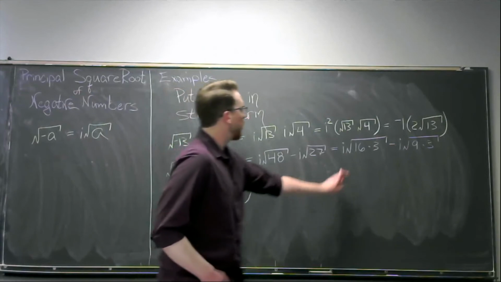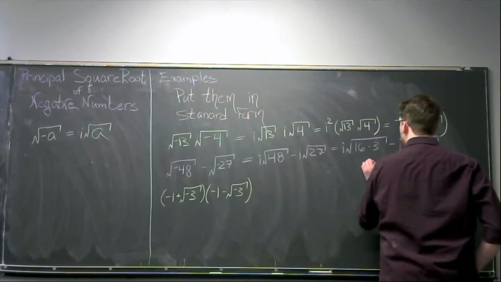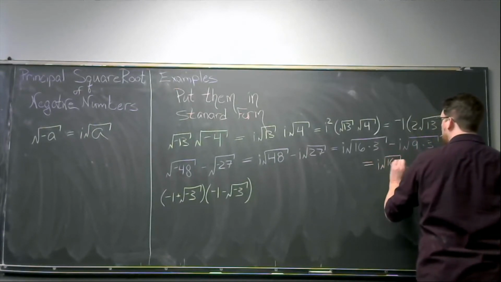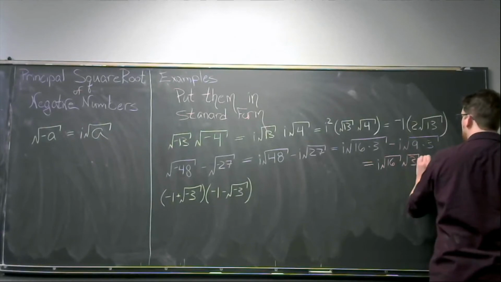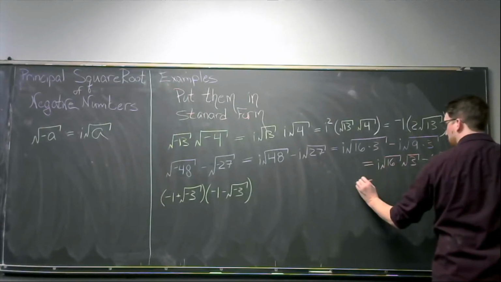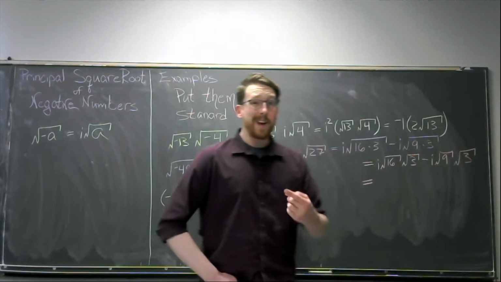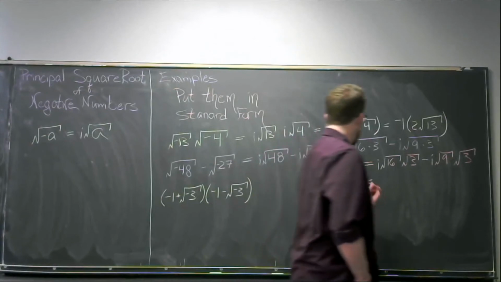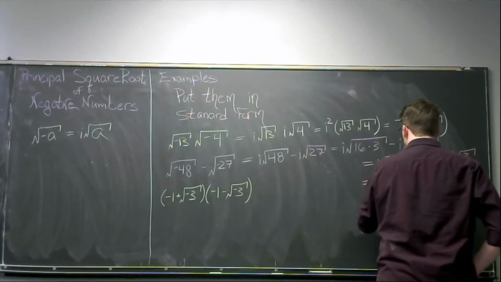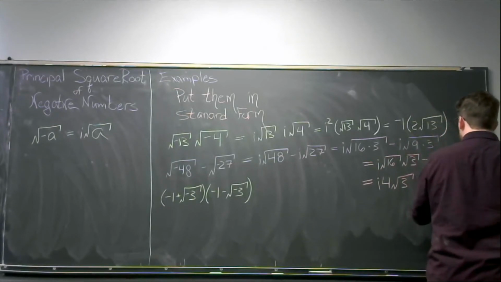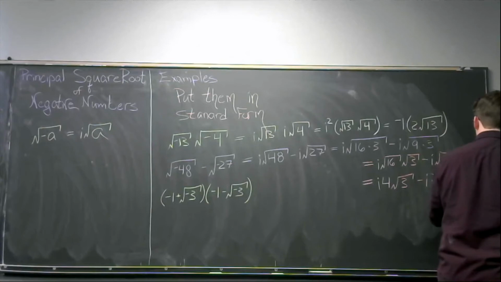But we can break these radicals up now. We're going to get i times the square root of 16 times the square root of 3 minus i times the square root of 9 times the square root of 3. Well, 16 and 9 are both perfect squares. So what we're going to end up with is i times 4 times the square root of 3 minus i times 3 times the square root of 3.